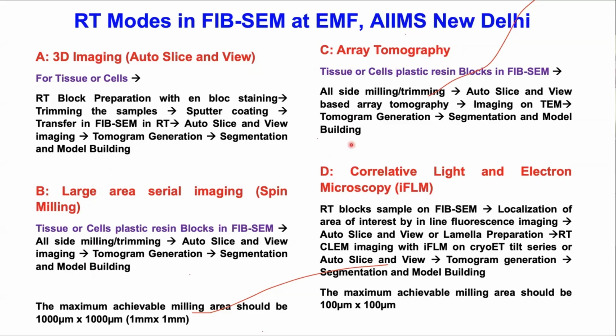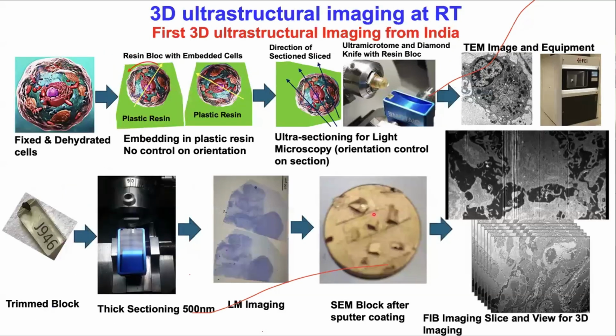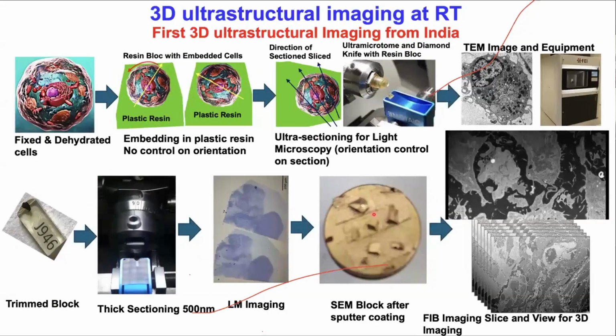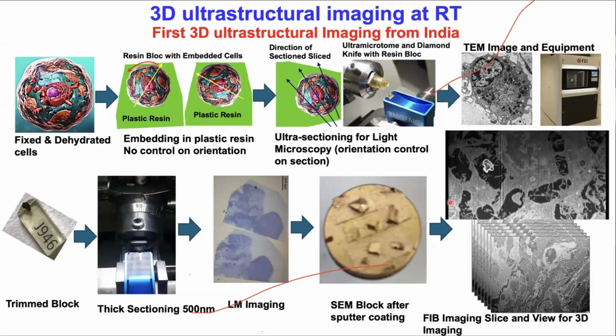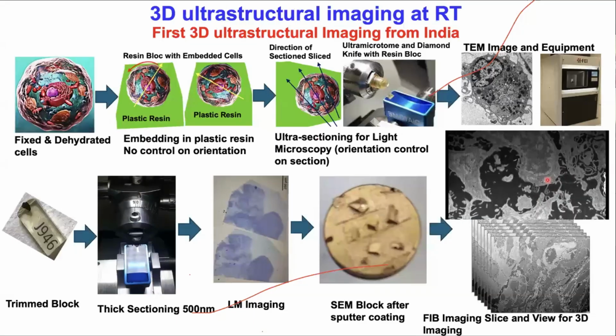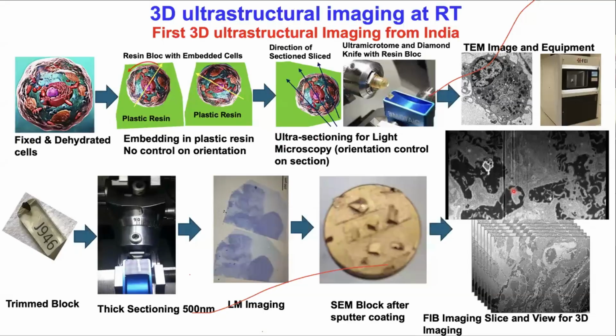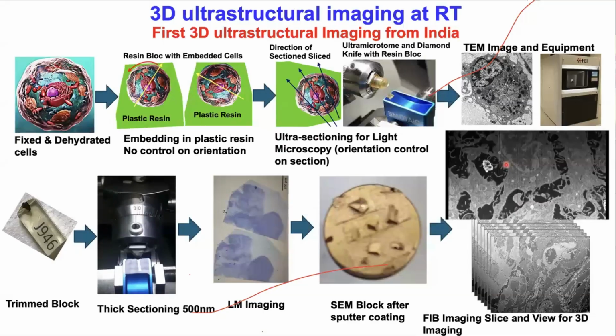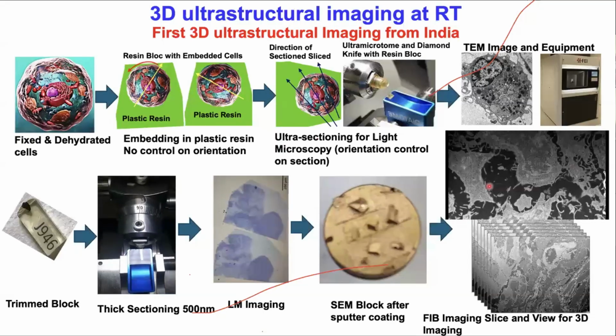So coming to the technical details, how 3D ultrastructure imaging at RT we can do. And we have produced some very good tissue samples. This is tissue from a cervical cancer patient, directly from the human. And we are searching for the presence of viruses in the late stage.